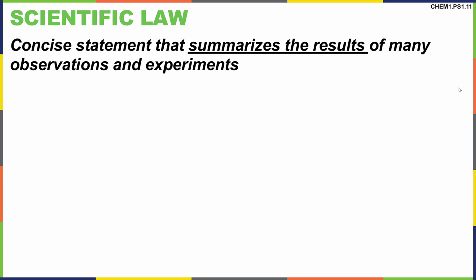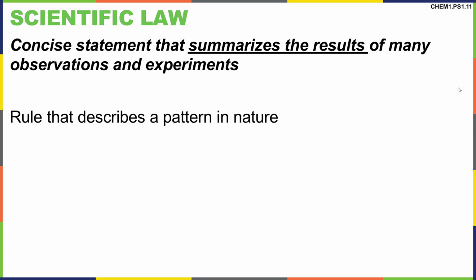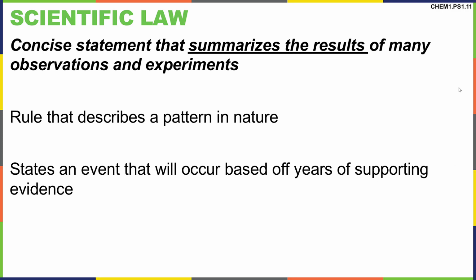Nowhere in this definition does it say it explains the reason why the phenomena occurred. A scientific law simply summarizes the results after you conduct the same experiment many, many times and you get consistent, repeating data. It's a rule that describes some sort of a pattern in nature, right?